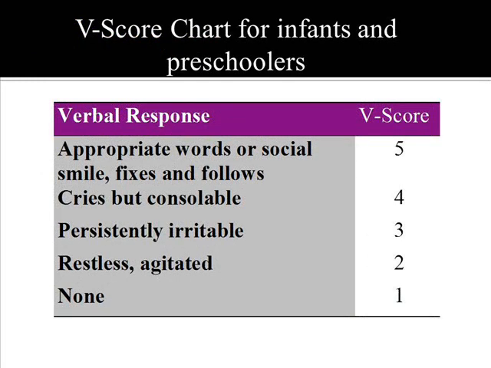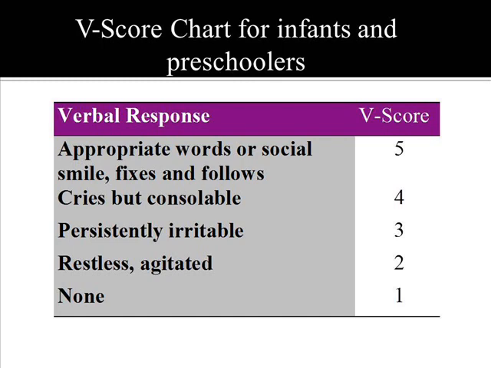When we assess the Glasgow Coma Scale, the verbal score chart for infants and preschoolers will differ somewhat from that of the adult because of the differences in assessment. So, for example, when a child is able to make appropriate words, behaves quite normally, has a social smile and is able to follow instructions, that's a score of 5.